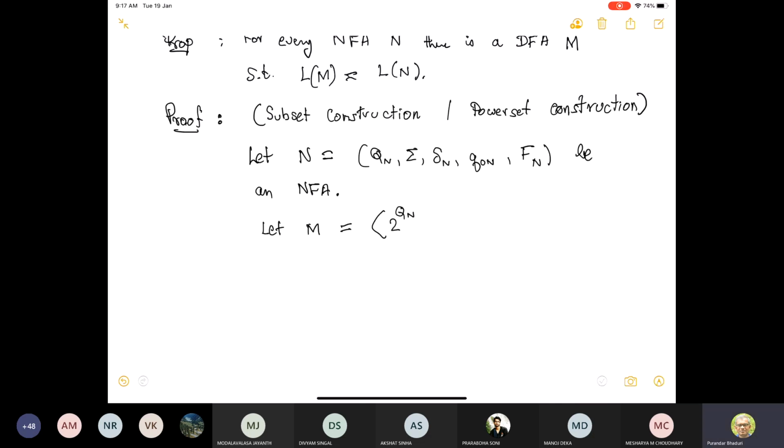Intuitively, this is because after reading an input string, the NFA N could possibly be in a set of states, right? In any one of a set of states. So the DFA actually keeps track of that. For every string w, the DFA will keep track of the set of states in the NFA that can possibly be reached after reading w.